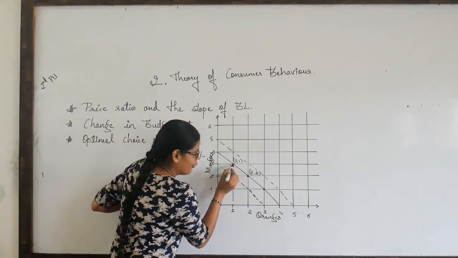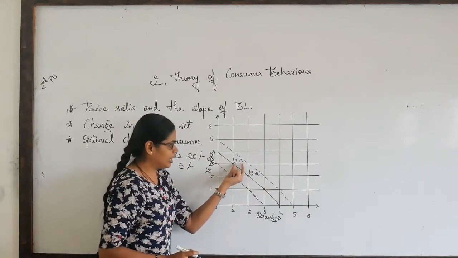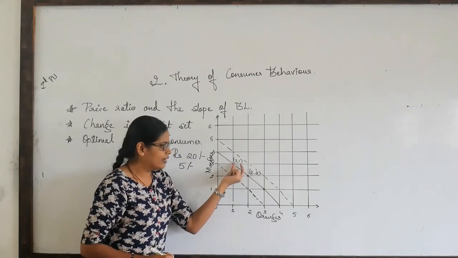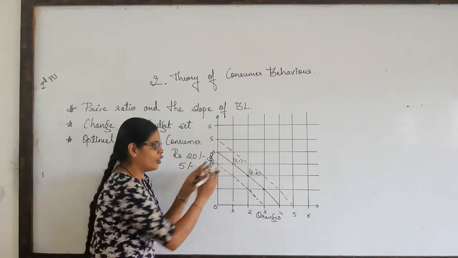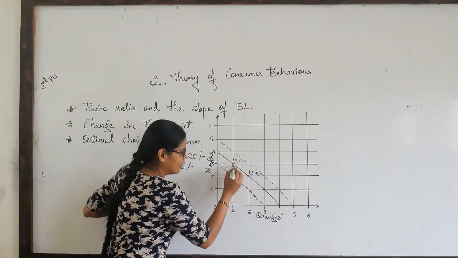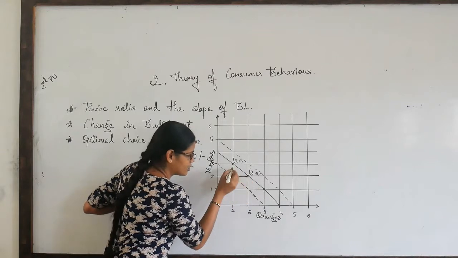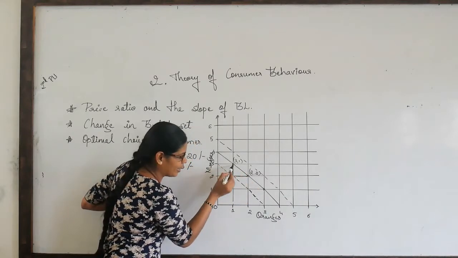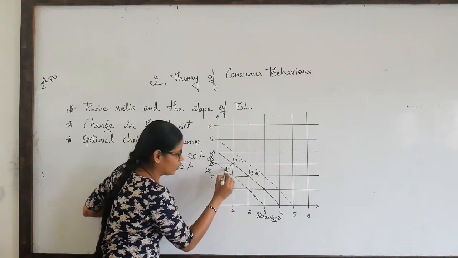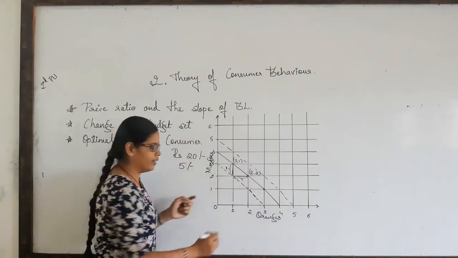So from this point to this point, if he is consuming this bundle before and he wants to shift to this bundle now, then you can see the drop here. What he is doing is sacrificing this 1 mango to get this orange.